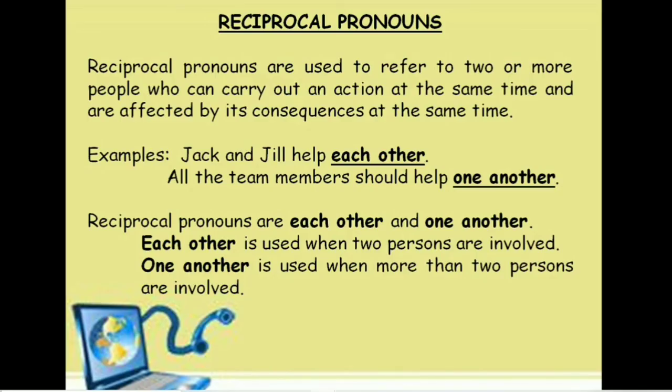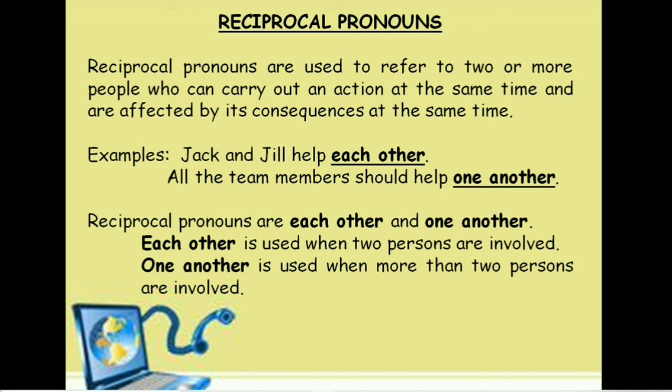The last one is reciprocal pronouns. Reciprocal pronouns are used to refer to two or more people who carry out an action at the same time and are affected by its consequences at the same time. For example, Jack and Jill help each other.